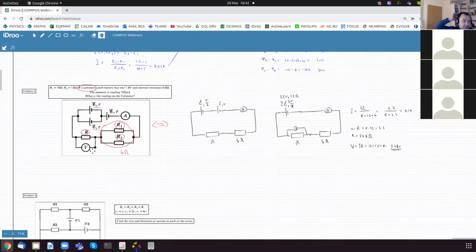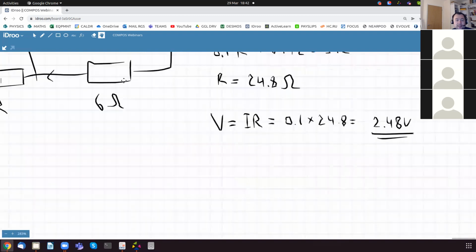So if you have 3.2 volts of EMF and in the 30 ohm resistance, the current is going to be approximately 0.1 amp, which makes sense. And then the voltage on the resistor must be between 0 and 3.2. So it is 2.48. So yes, so I'll just write sanity check.